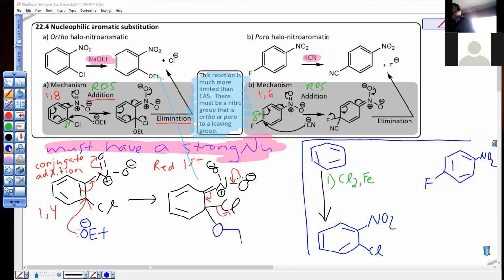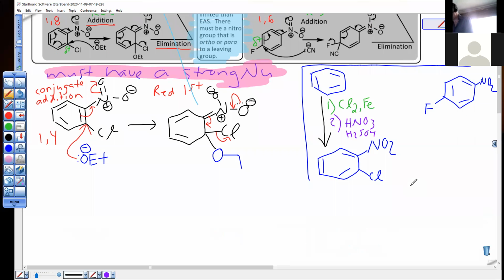Sacrificing chlorobenzene, which is dirt cheap, is not going to cost you here. How do you put a nitro group on after? You put HNO3 and H2SO4, and you'll get the para major. We'll even put that down here.